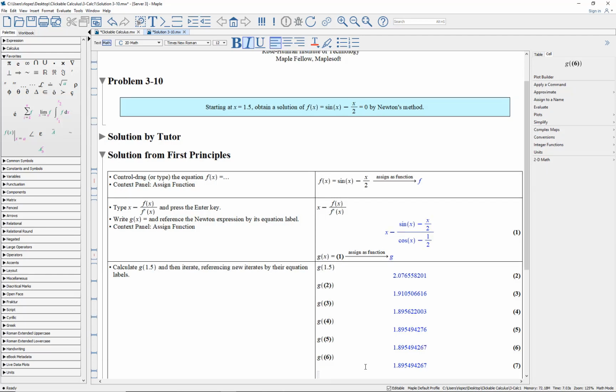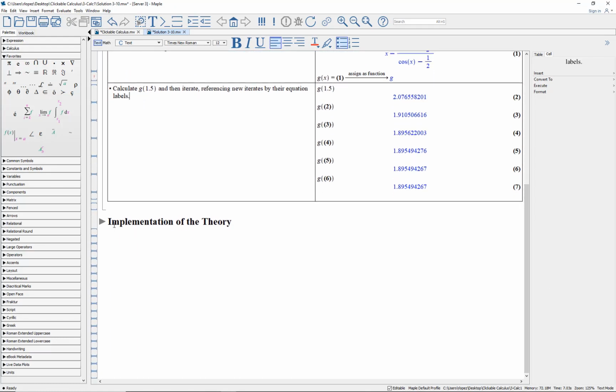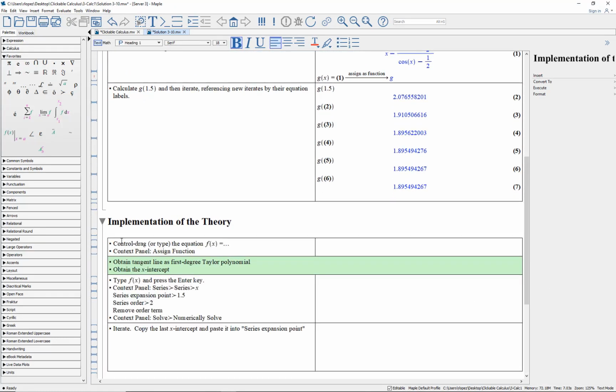Those two numbers are the same. These last two are the same. So that's as far as we can get in accuracy using this many digits. But let's look at the geometry behind what this formula is doing. That's what I mean by implementation of the theory.